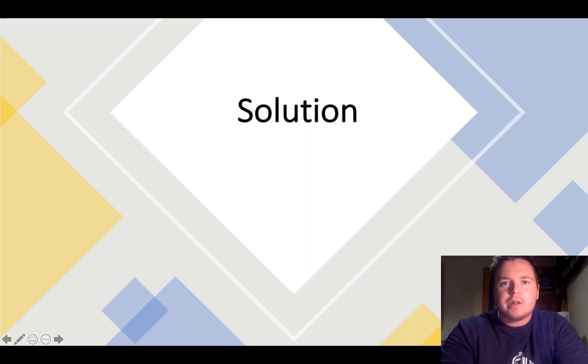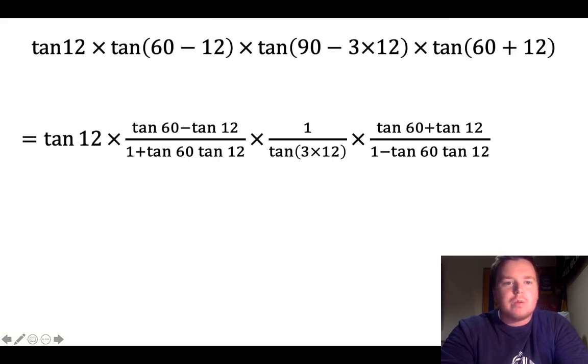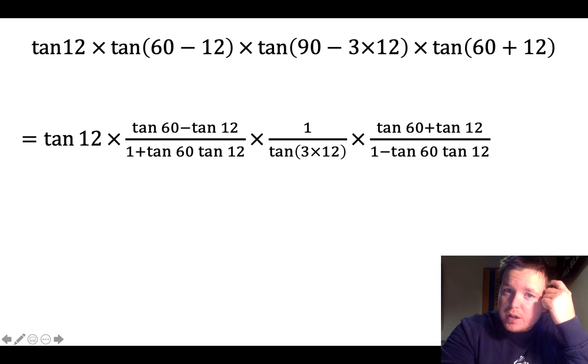Okay, solution. With our reformed right hand side, we use the compound angle formula for the 60 minus 12 and 60 plus 12 expressions, which seems obvious to do. What isn't as obvious is that tan of 90 minus something is equal to the cotan of that something.